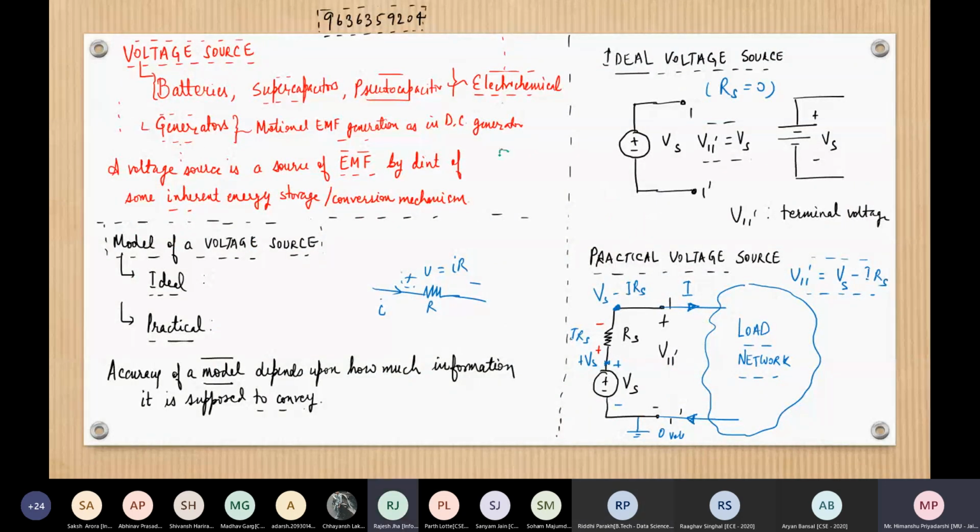You have flywheels, solar cells, fuel cells, MHDs, so many other things. So it depends upon the application you want.